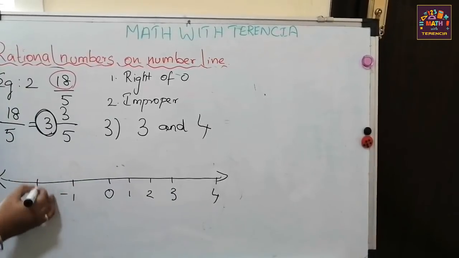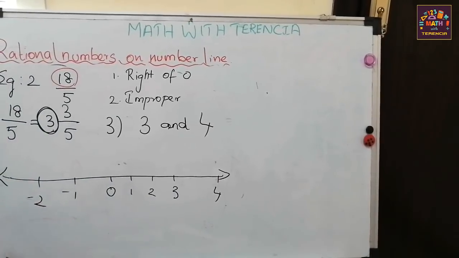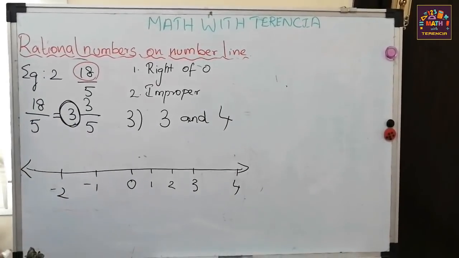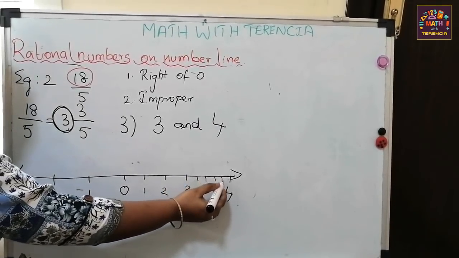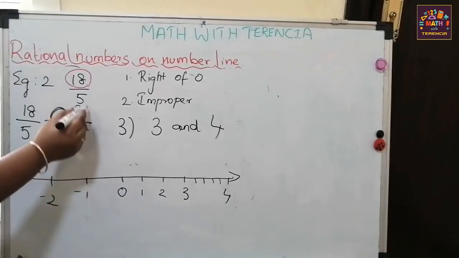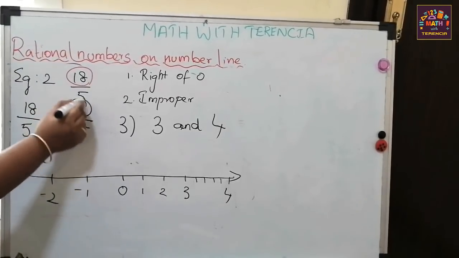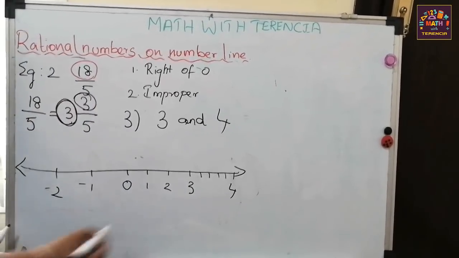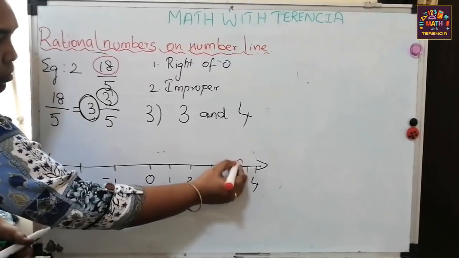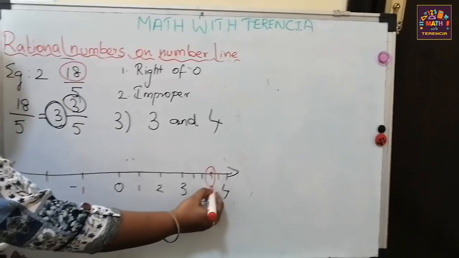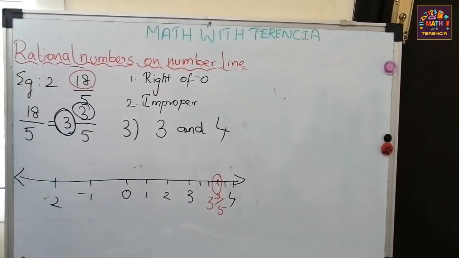And here I have minus 1, minus 2. So I have 5 parts. So you need to make 1, 2, 3, 4, 5 parts. And then this is the third one because the numerator value is 3. So 1, 2, 3. This part will be 3 by 5.